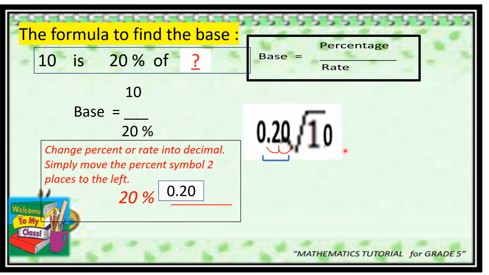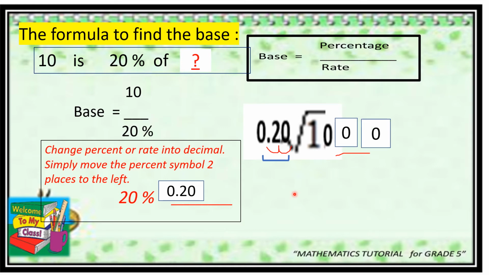kailangan magdagdag tayo dito ng 2 0. Dito po sa kalapit ng 10, mag-a-add tayo ng 2 0. Okay. Dahil merong 2 decimal places ang 0.20, 2 0 ang idadagdag sa 10.